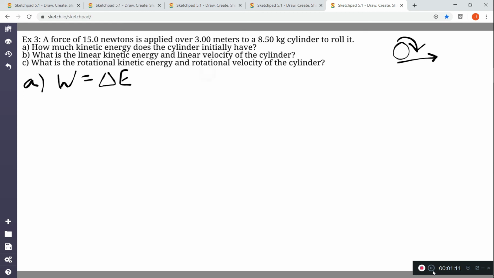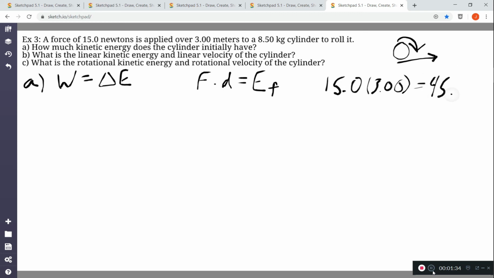So force times distance is equal to our final amount of energy, which is all kinetic. In this case, it was a 15.0 Newton force applied over 3.00 meters. And so we get a total here with 3 sig figs of 45.0 joules. So our total energy done on this system is 45.0 joules.